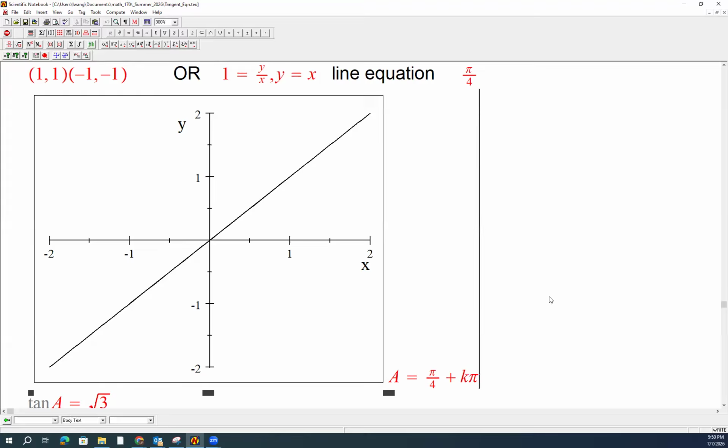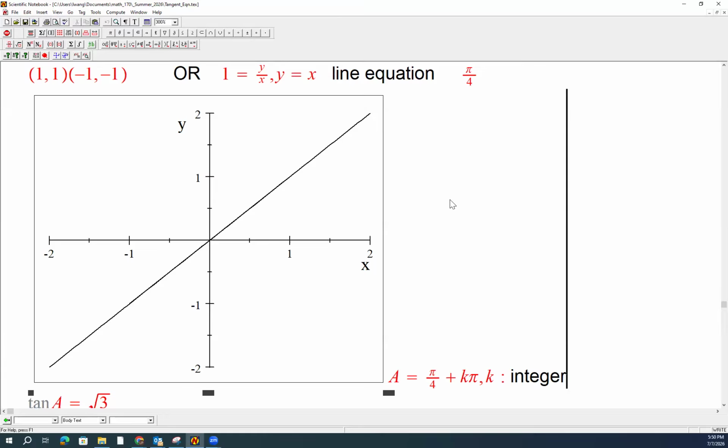This is one of the simplest solutions. Why do I say this is one of the simplest solutions? Because there are all kinds of forms. You can write 5 pi over 4 plus k pi, right? You can do that. So there are different ways to express it. The way to express the solution is not unique, so be aware of that.